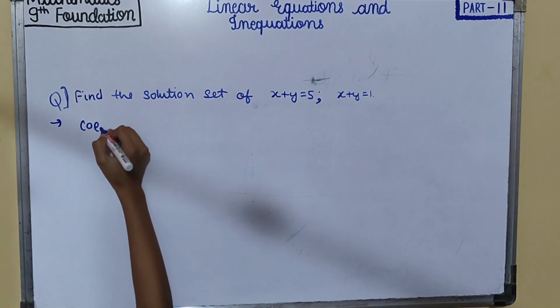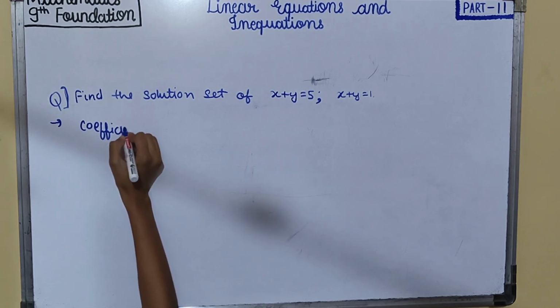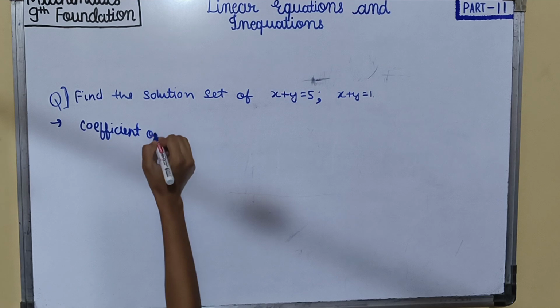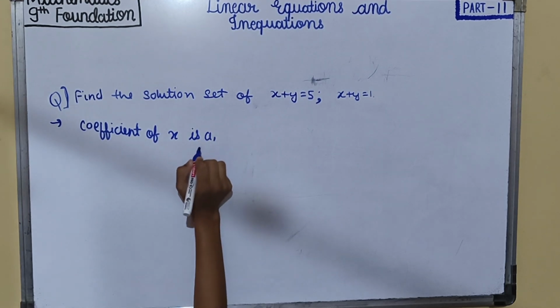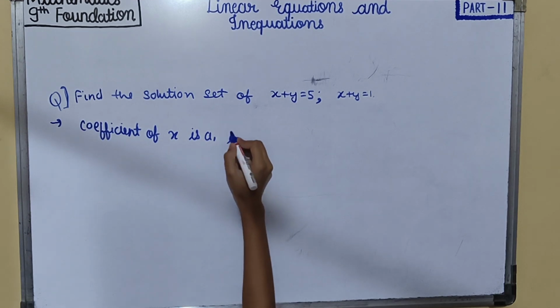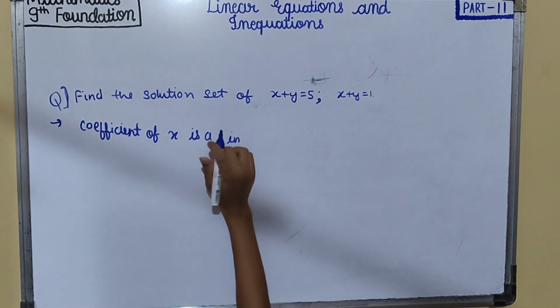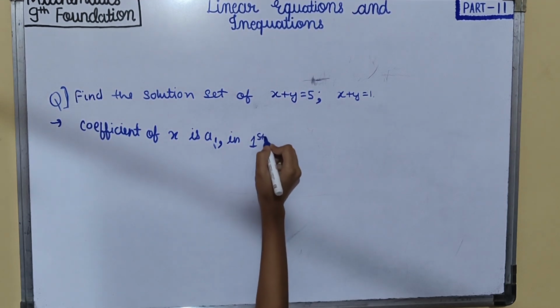I'll tell you what a1, b1, a2, b2, c1, c2 are. The coefficient of x in the first equation is a1.